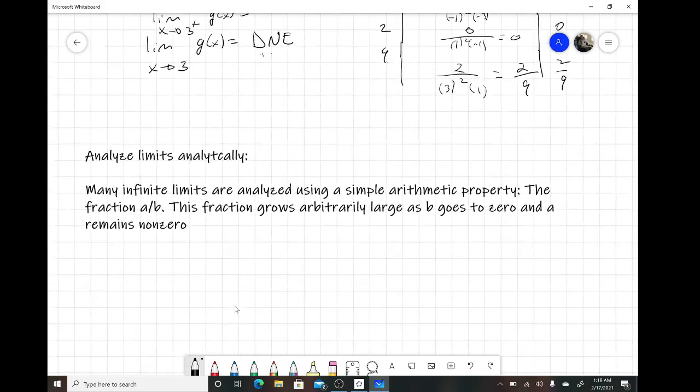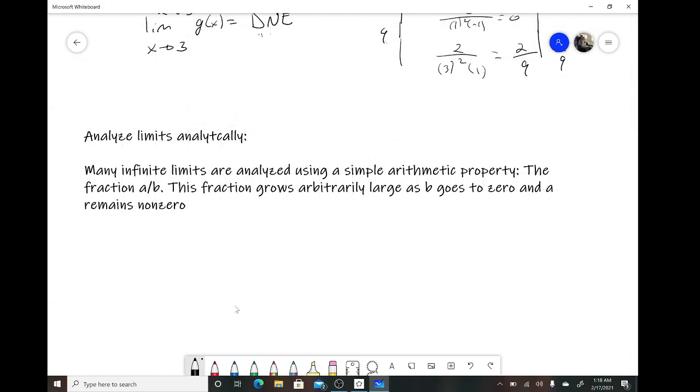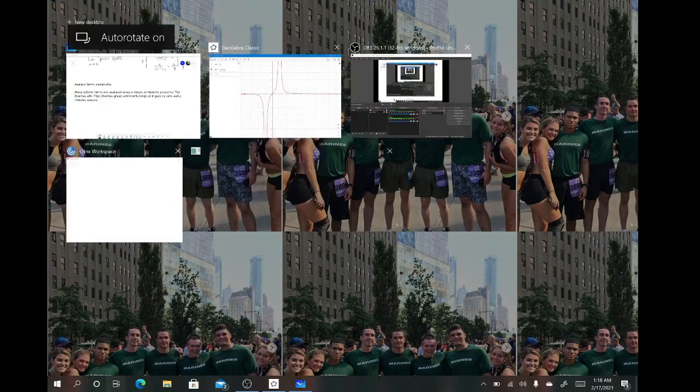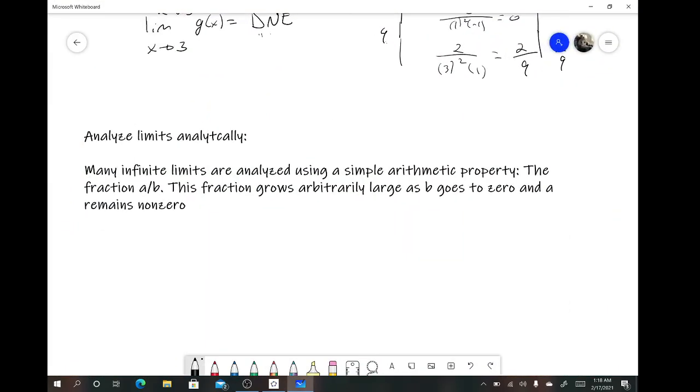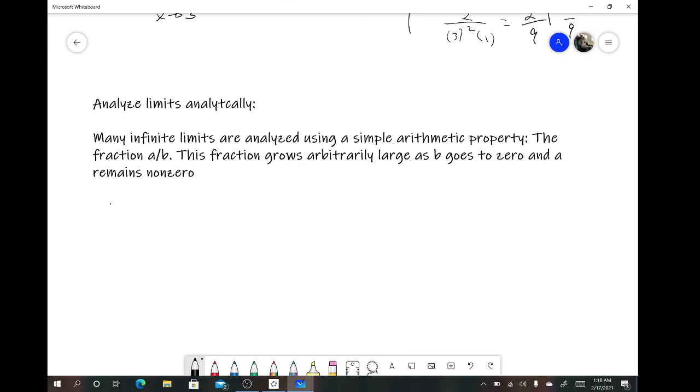Let me give you an example. Take the fraction 5 plus x over x, the limit as x goes to 0 from the right.